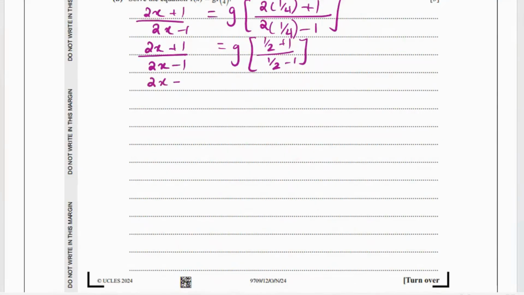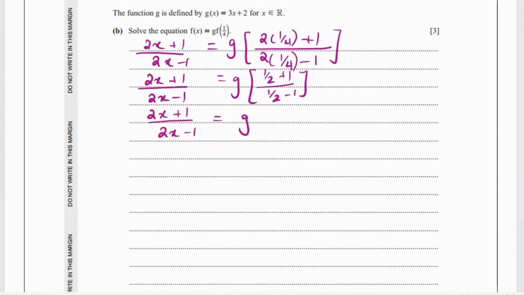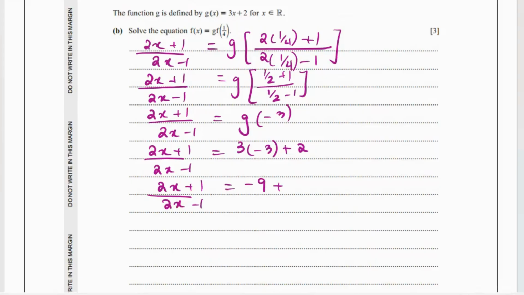So 2x plus 1 over 2x minus 1 equals g of -3. So now 2x plus 1 over 2x minus 1 equals 3 times negative 3 plus 2, which is negative 9 plus 2, which is going to give us negative 7.